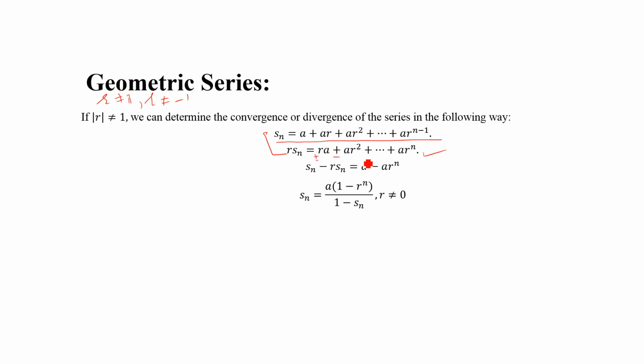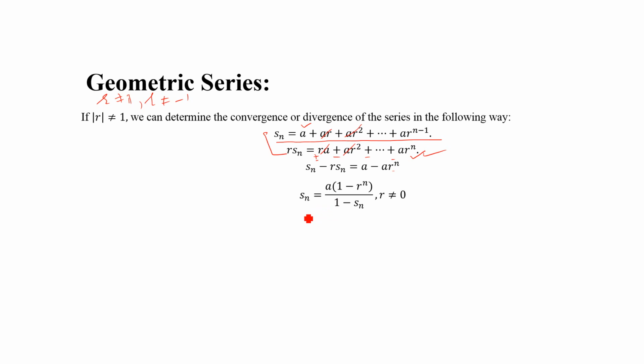because while subtracting, ar and negative ar will be 0. So we are left only with the first term and the last term of this sum, a minus ar^n.